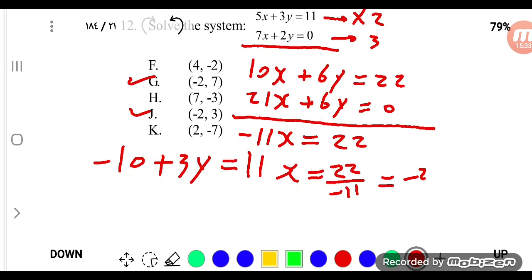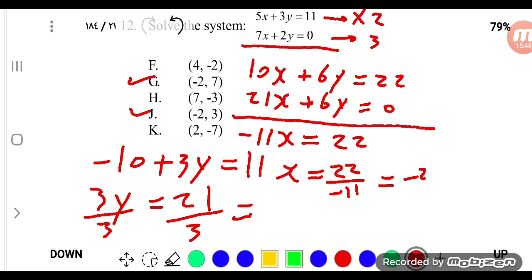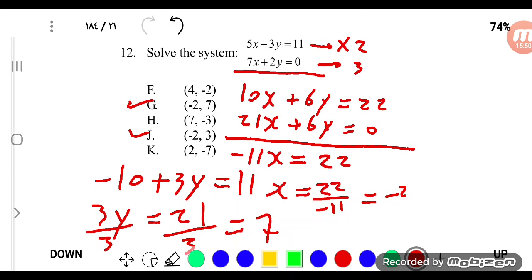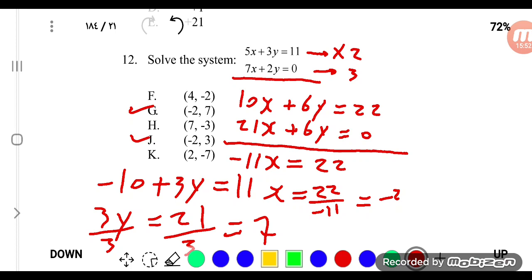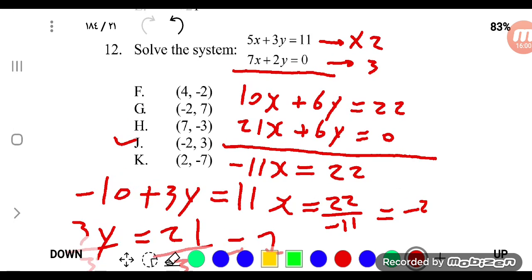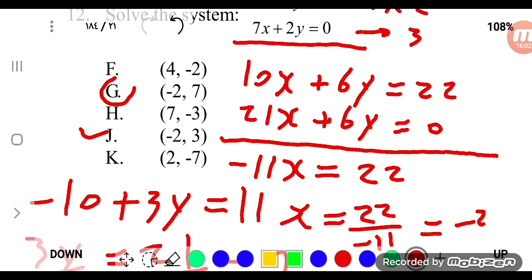You get 3y is equal to 10 plus 11, and this is 21. If you divide by 3 both sides, you get y equal to 7, and option G is correct now. So I have to choose option G. And that is the correct answer.